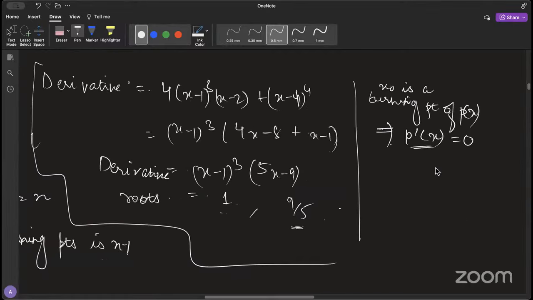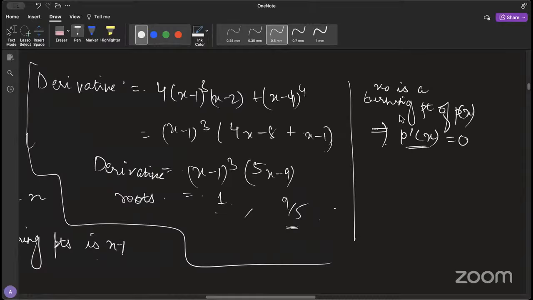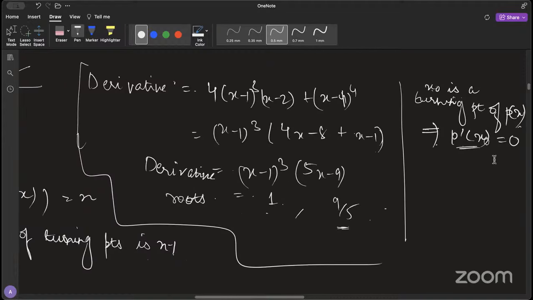That means if there is a turning point, it should be a point where your derivative becomes 0. That means every turning point of a polynomial should be a root of the derivative of that polynomial. So if x0 is a turning point of p(x), then the derivative of p at x0 should be 0. Is this fine?